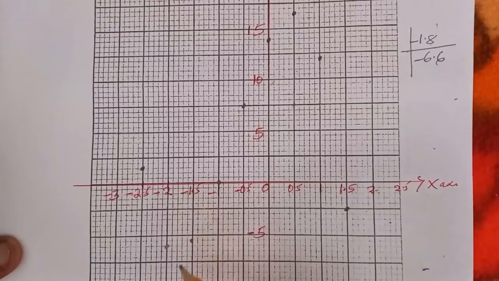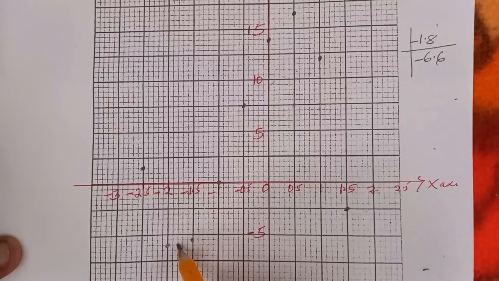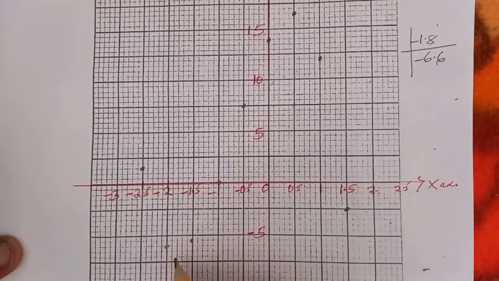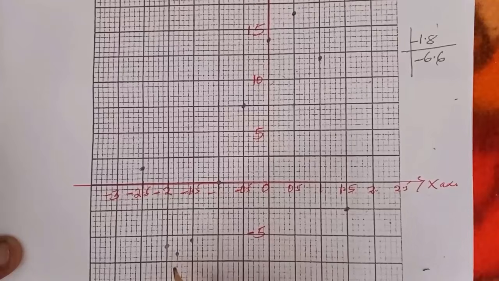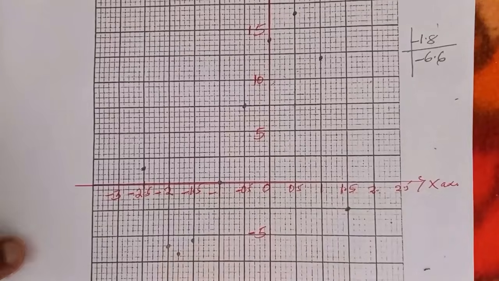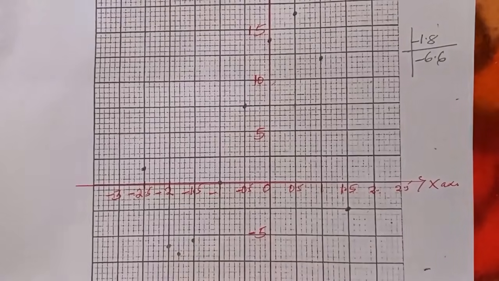Then negative 6.6: this is 5, this is 6, so 6.6 will be somewhere there. When you plot now, you can see the curve will be smooth when you join these points. So let us join those points using a smooth curve.